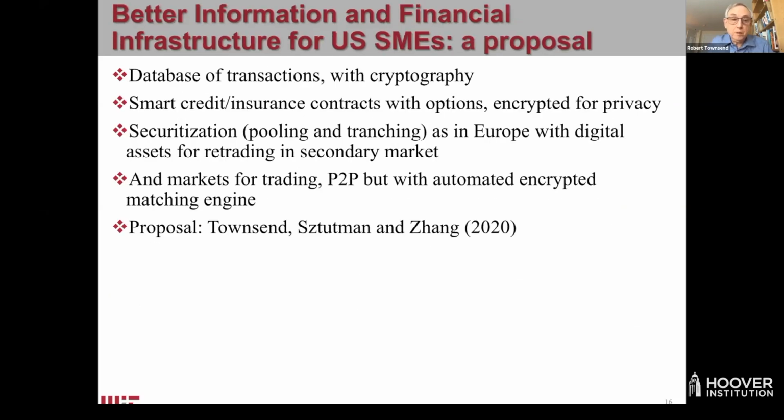And finally, better financial infrastructure for the US, for SMEs, following these steps of better databases, smart contracts with insurance options, with the necessary flexibility and encryption, securitization, as had been done in Europe, but now with digital assets in secondary markets and better trading facilities. So these are all steps that I think can and should be taken with the new technology. So let me stop there.